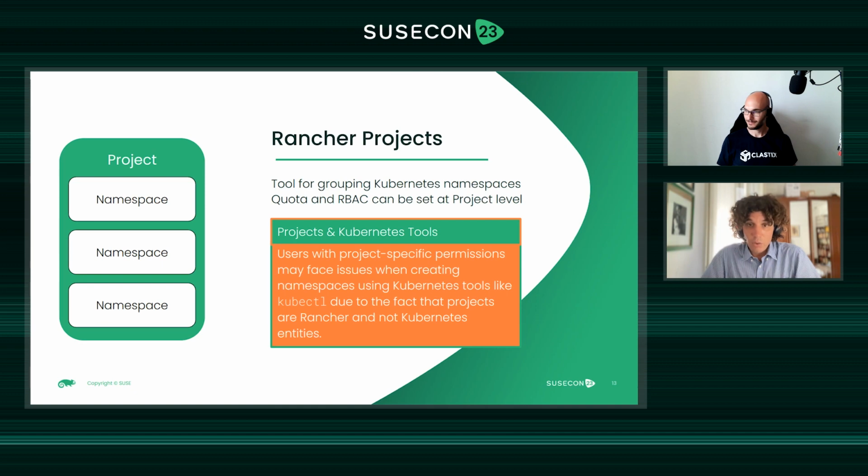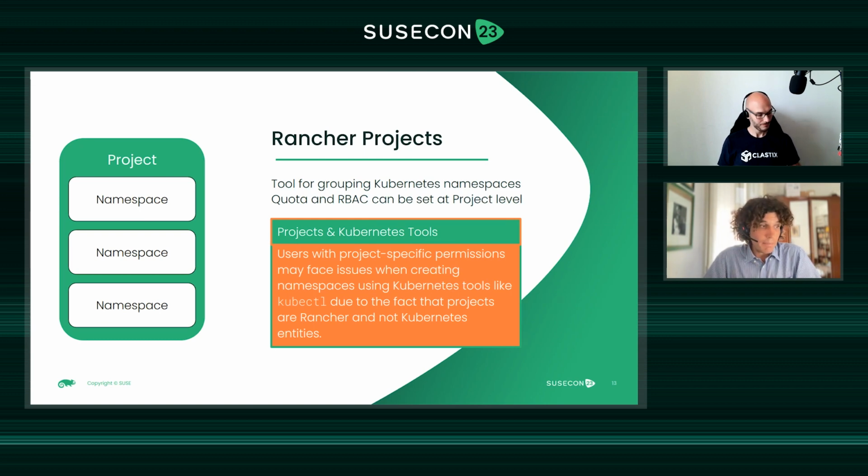So if you use a command line tool like kubectl, for example, or any other tool which is not Rancher itself, then this other tool does not know what a project is. Okay.